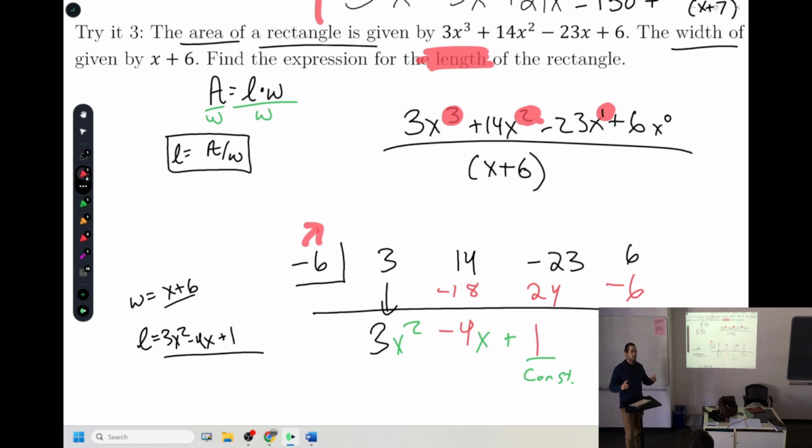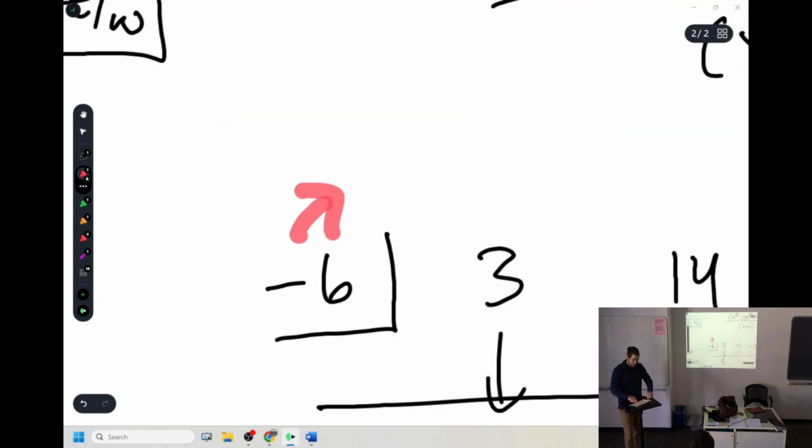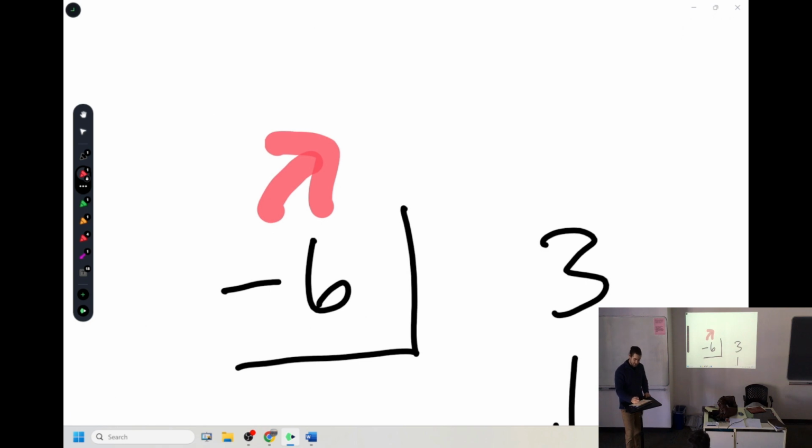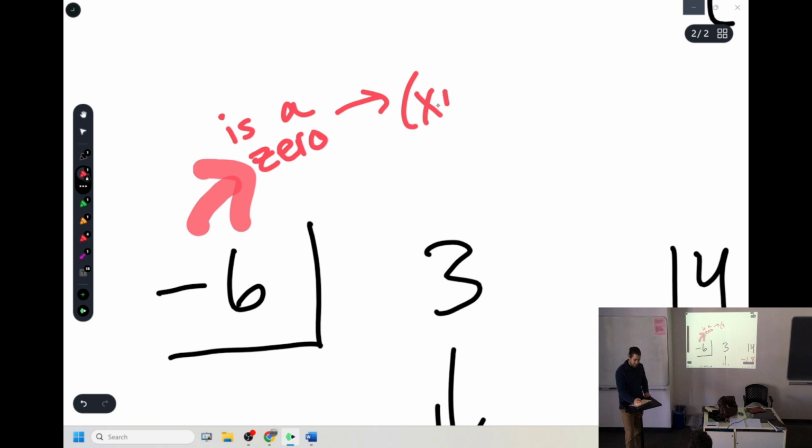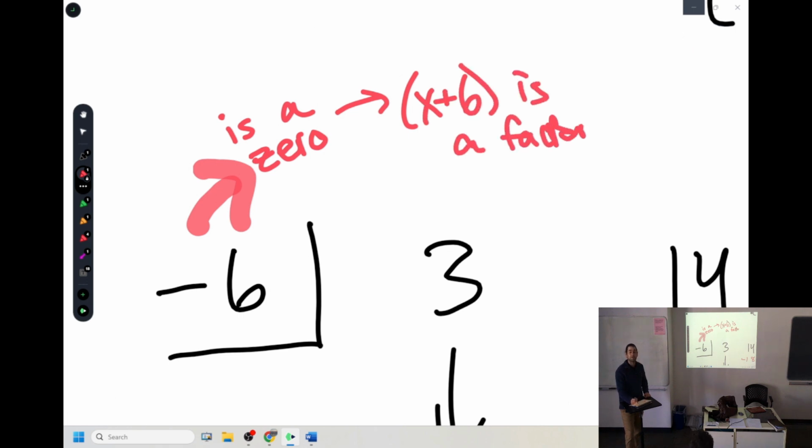As soon as you box the remainder and call it 0, if it's a 0 remainder, zoom into this little backwards L square, and write is a 0, and then you know what the literal next thing I write is? X plus 6 is a factor. And then I keep going with whatever I was doing. You write the rest of the answer. You write the rest of the parabola or quadratic that comes next.